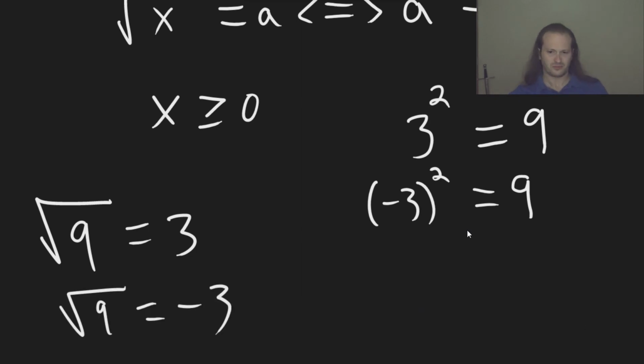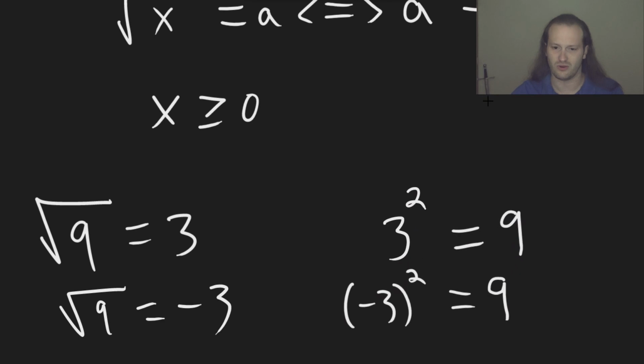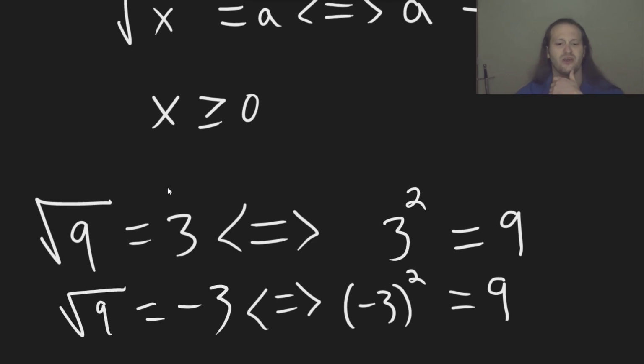That's kind of weird. Usually with algebra and these operations, we really only have one distinct answer. These two things are kind of equivalent to the statement up here. So isn't that weird that we have two different answers for the same question?